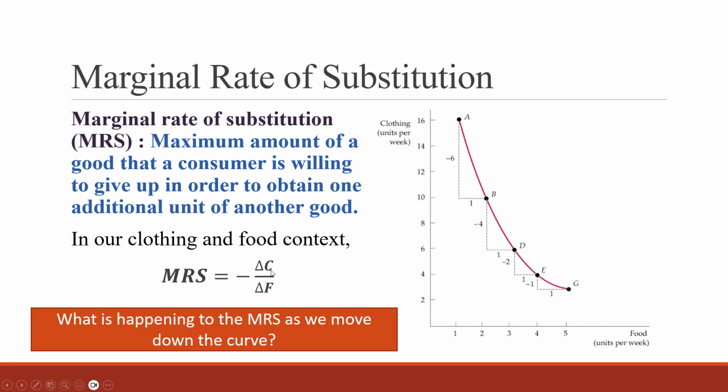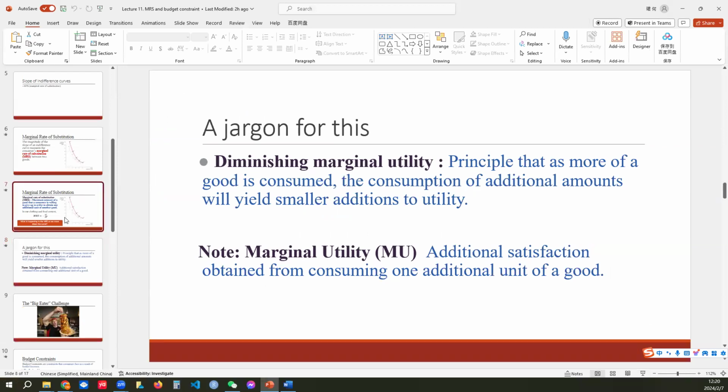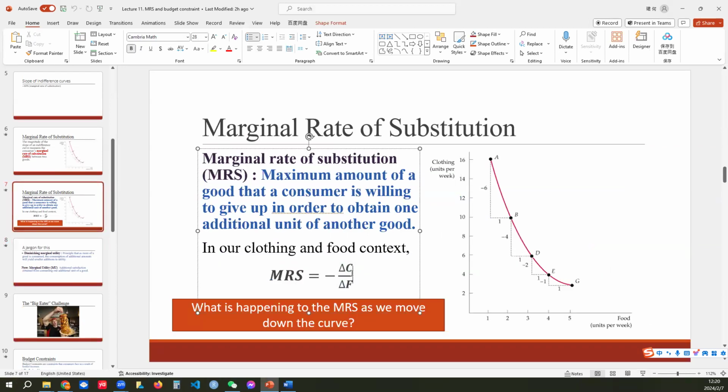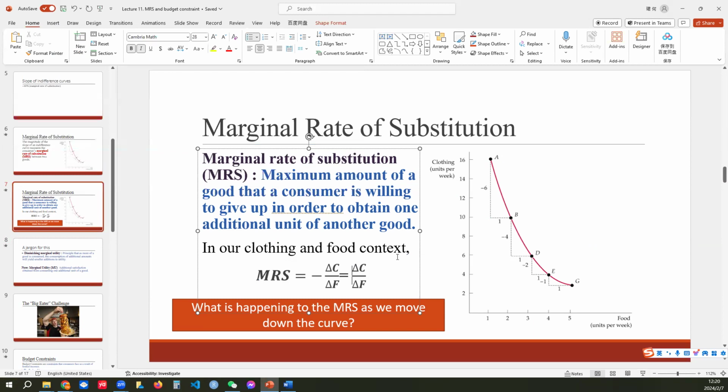The slope, which is delta C over delta F, is negative, and here we add a negative ahead of it to turn this into positive. And a less confusing way of putting it would be, let me add it here, the absolute value of the slope.